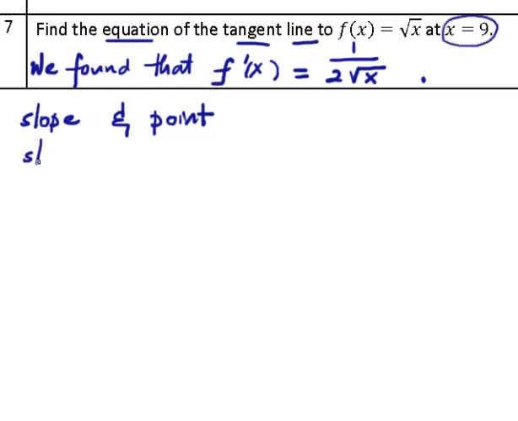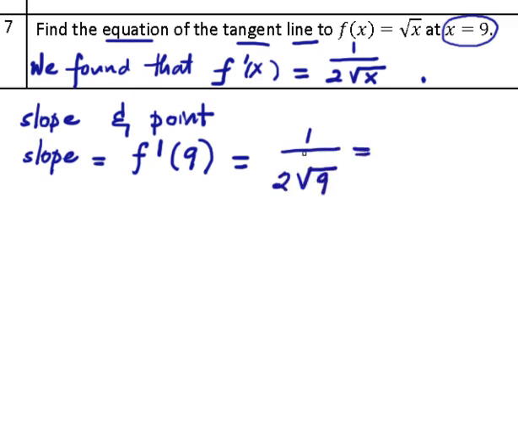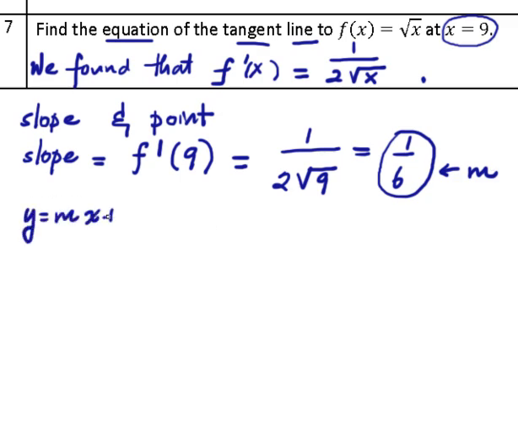So the slope of the tangent line at x equal 9 is equal to the derivative at x equal 9, or 1 over 2 times the square root of 9. That's 1 over 2 times 3, that's 1/6. So this is our slope. All right, so in the formula y equal mx plus b, we'll put m equal to 1/6.